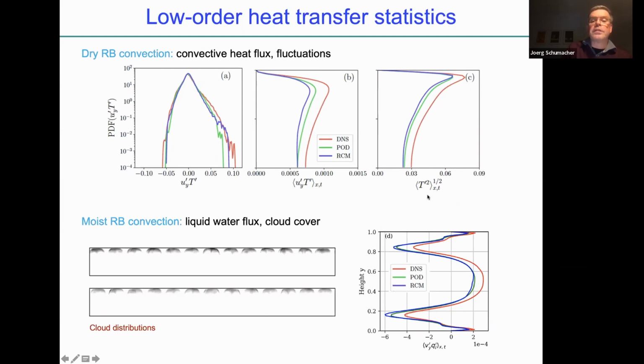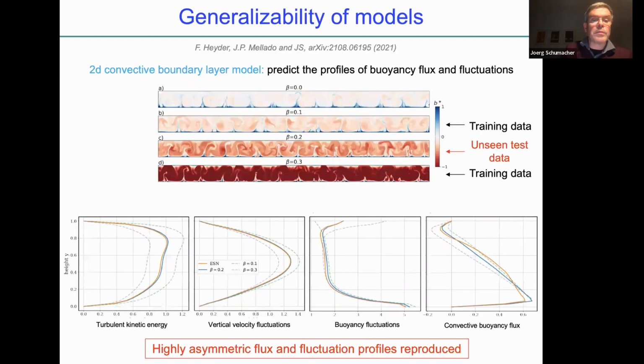This is the temperature fluctuations. In the moist convection case, we have looked at something like the cloud cover or the liquid water flux. And you see that the reservoir computing models are actually performing not too badly at reproducing this dynamics.